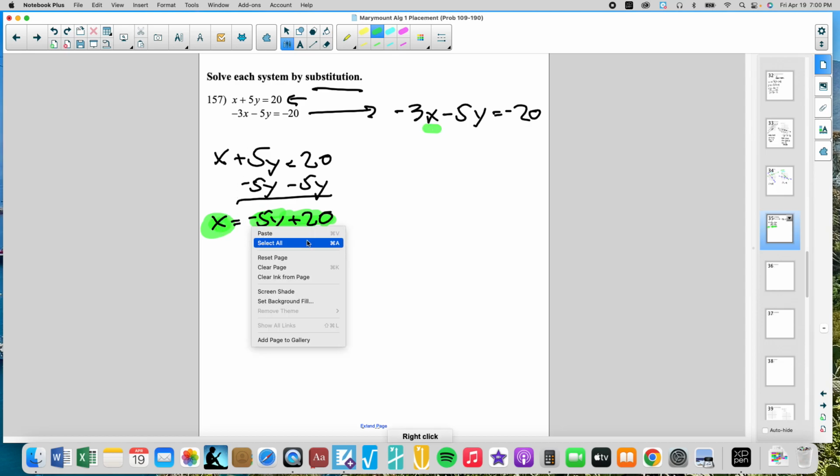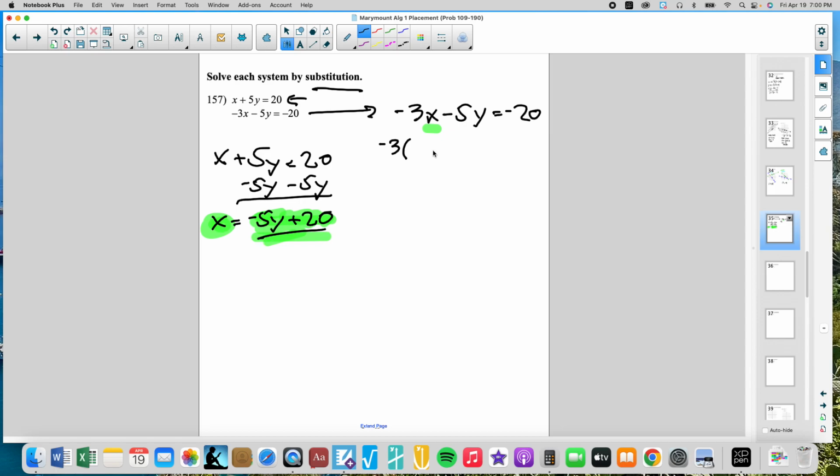Where we see an x, we're going to take this value, -5y plus 20, and we put it in for x. So instead of having -3 times x, we have -3 times (-5y plus 20), minus 5y equals -20. Now we're going to simplify.